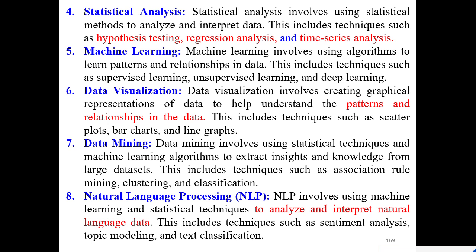Then the next common technique is data mining. Data mining is the process of extracting meaningful, interesting patterns from a huge volume of data.